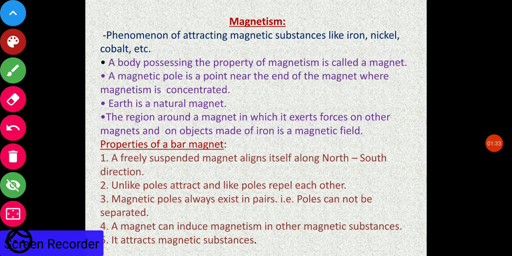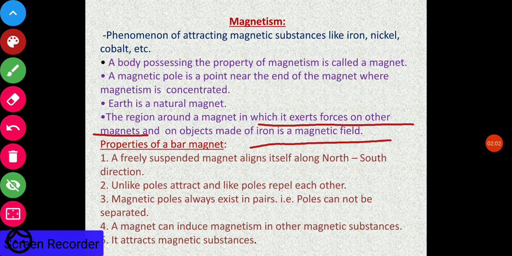Now, the region around a magnet in which it exerts force on other magnets and objects made of iron is called a magnetic field. Or in other words, a magnetic field is a region near a magnet in which any other magnetic material experiences magnetic force.